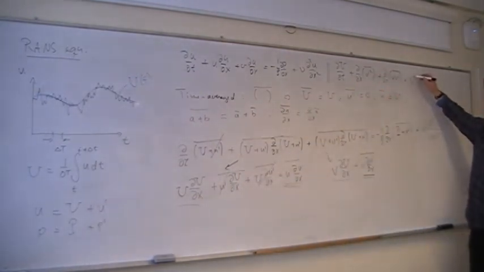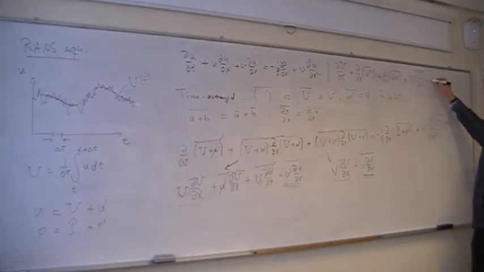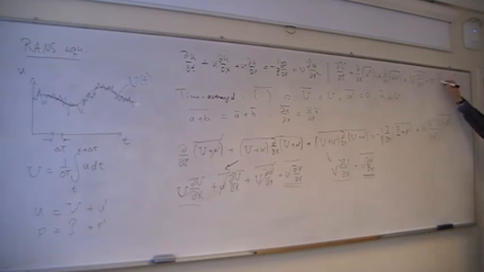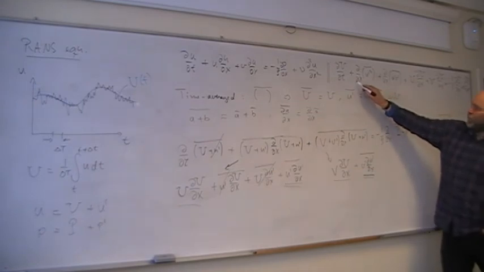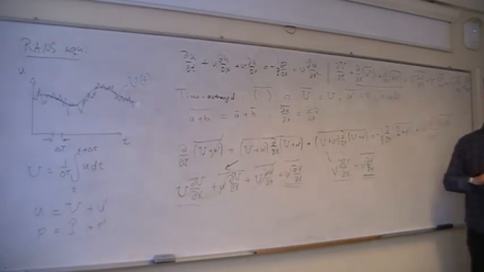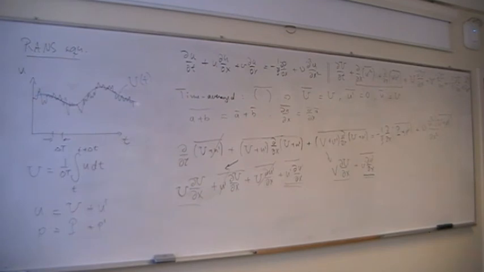Ordinary large U dU/dx, large V dU/dy equals, and on the other side, well, that's just the average quantities directly. Viscosity and the double derivative of large U, d2U/dx squared. So these two terms are what describes the turbulence, actually.